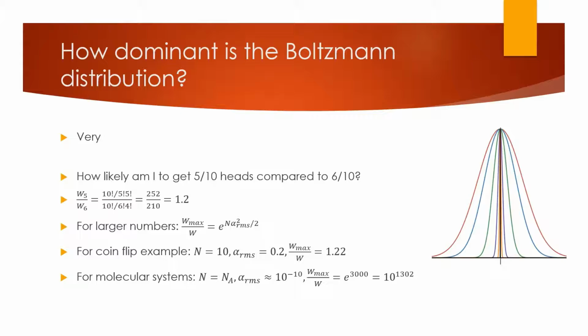So this is way larger than anything we could possibly imagine, is 10 to the 1,302. And at this point, we can be pretty comfortable saying that if the likelihood of something occurring is 1 over 10 to the 1,302, that will not occur, because if that were to occur in 1 nanosecond, we would need about that many nanoseconds for that to occur, and we have nowhere near that.